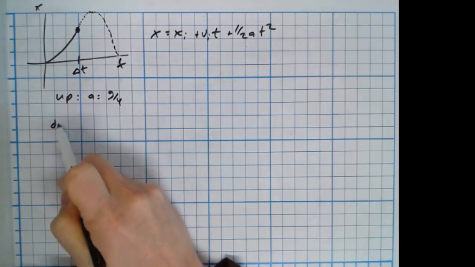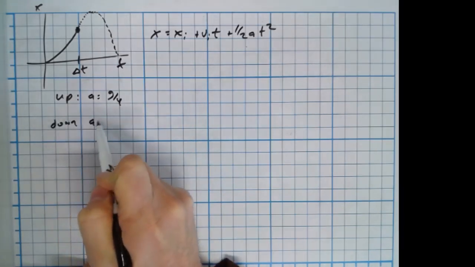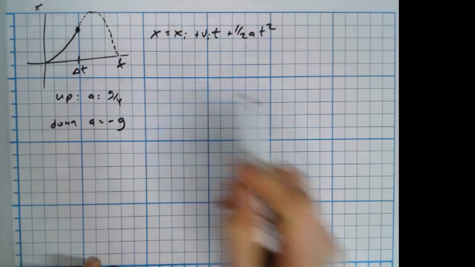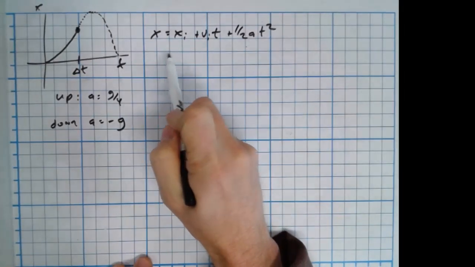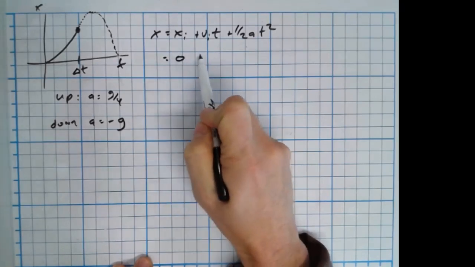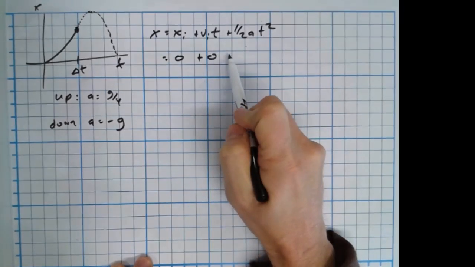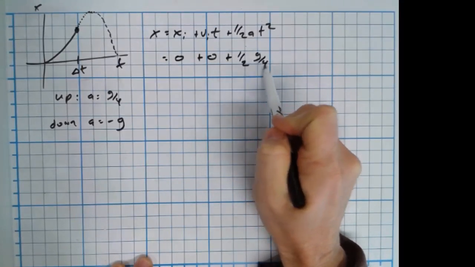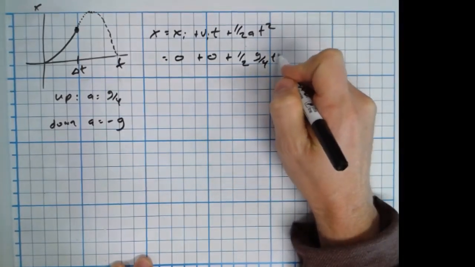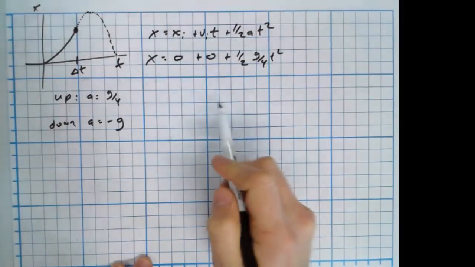On the way down, the acceleration is negative g. All right, the initial position was 0. The initial velocity was 0. And we've got 1/2 g over 4 t squared. So that's the function for the position.